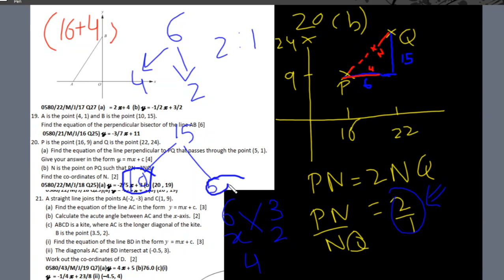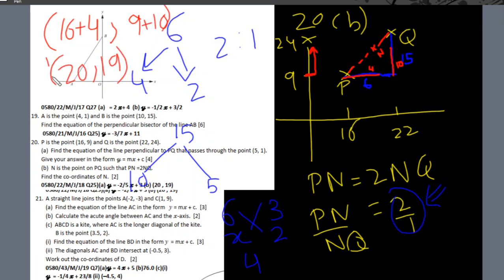So from here till N the value is 10, and the remaining value is 5. To find the y coordinate of N, the value here is 9, take it 10 upwards, which becomes 19. So this is 9 plus 10. Our answer is (20, 19) for question 20 part B.